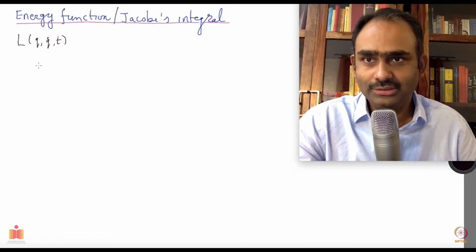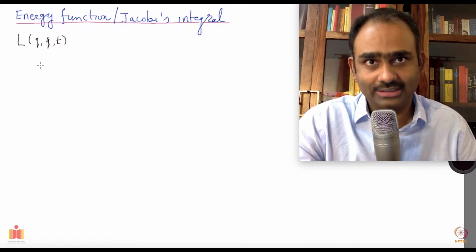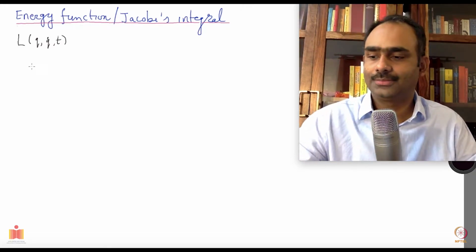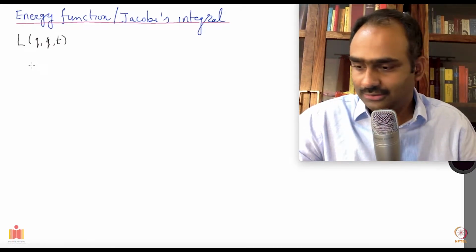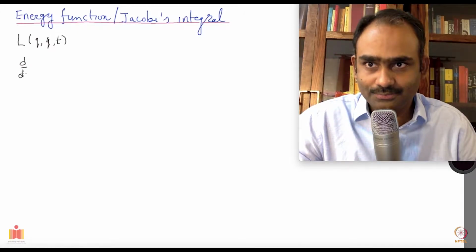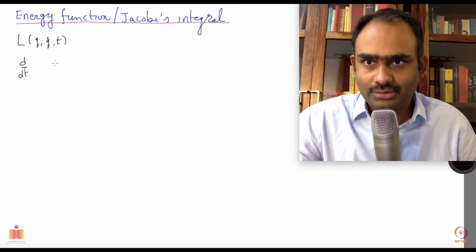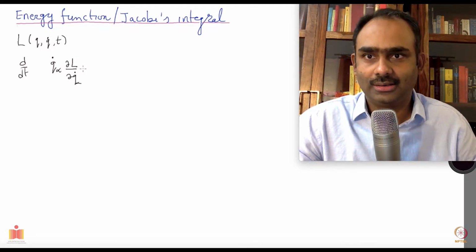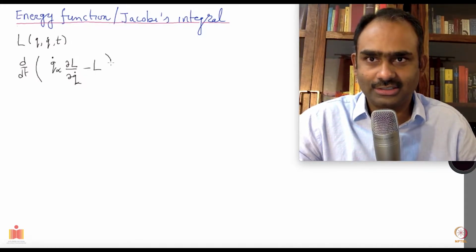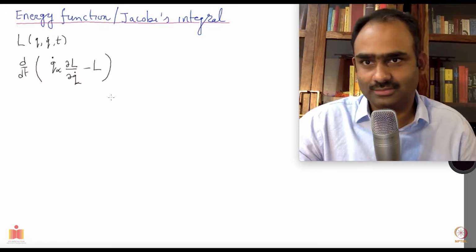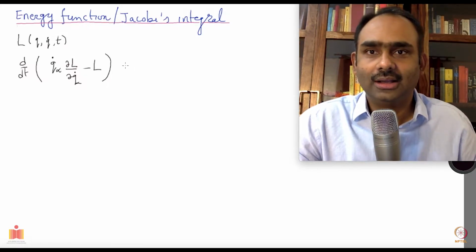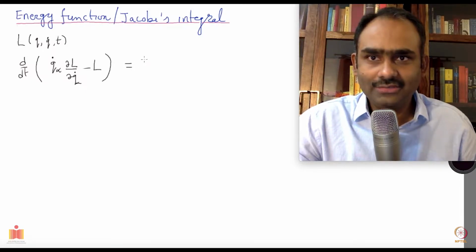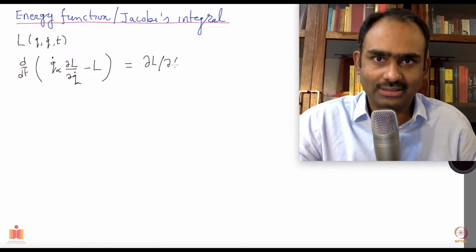Then if I use the Euler-Lagrange equations of motion, I can show that the total time derivative d over dt of the quantity q alpha dot del L over del q alpha dot minus L, recall that there is a summation implied over alpha because of the Einstein summation convention, is del L over del t.